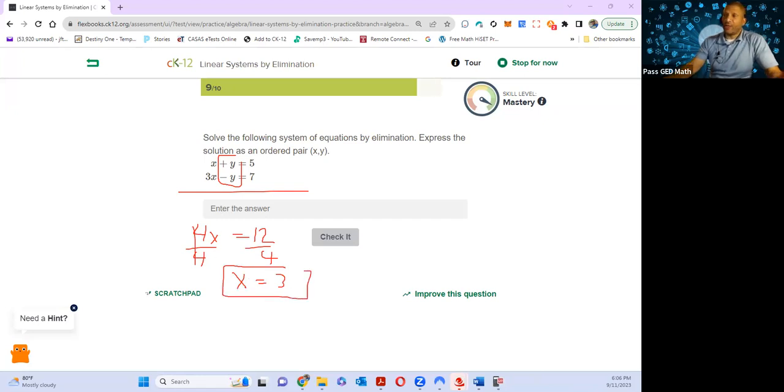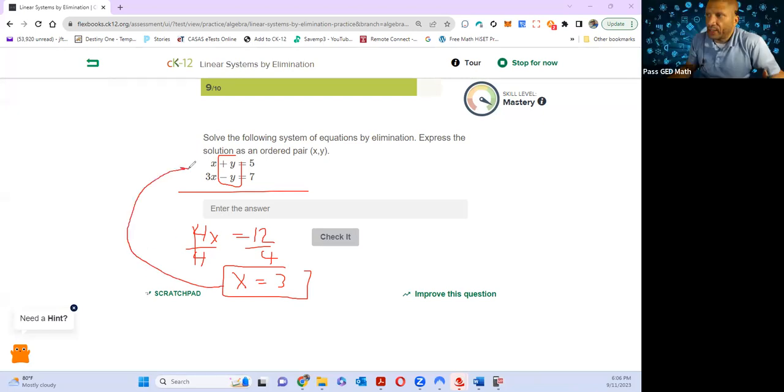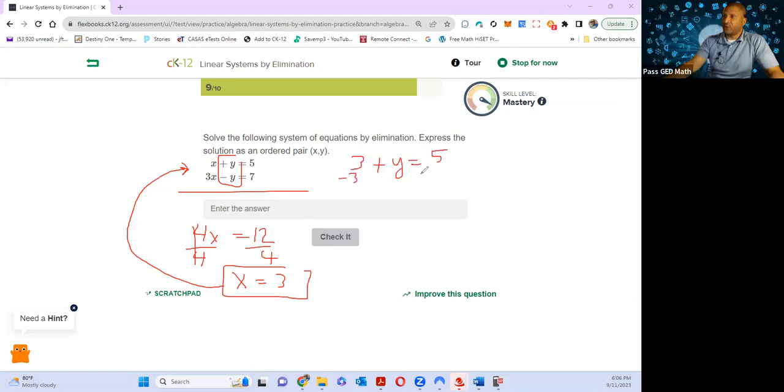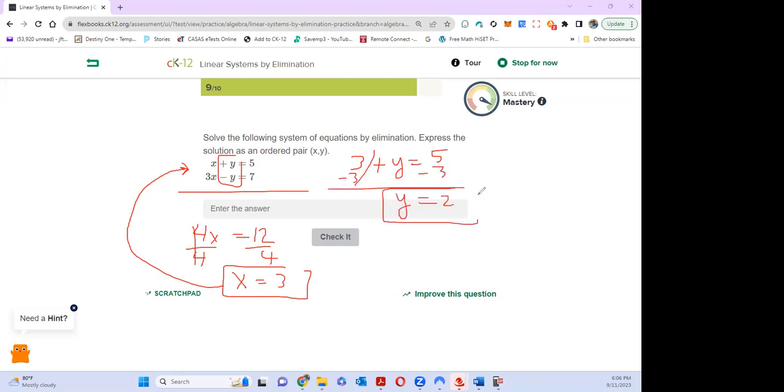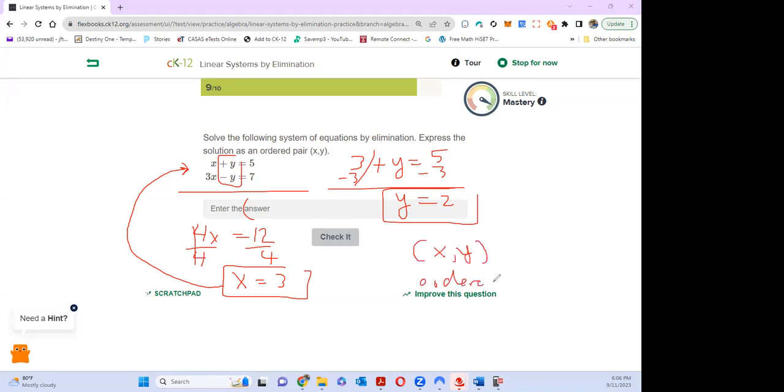Okay. Now that we got x is equal to 3, we plug that into one of the equations. I'm going to plug it into the first one because my y is positive already. So 3 plus y equals 5. Subtract 3 from both sides. y equals 2. So the solution that will satisfy this equation is, in parentheses, remember, every ordered pair must look like this: 3, comma 2.